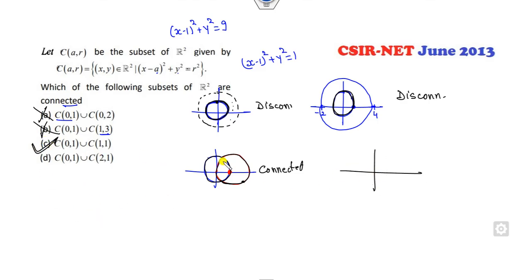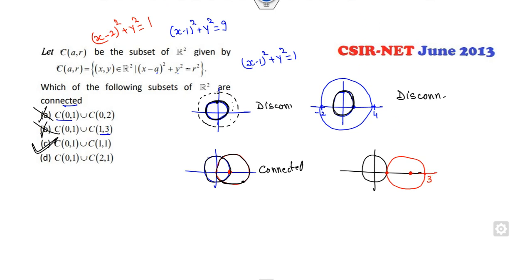Look at the last option, C of (0, 1), here (2, 1). So (2, 1) means (x minus 2) square plus y square is 1. So center is (2, 0), radius is 1. So this is 1 and this is 3.